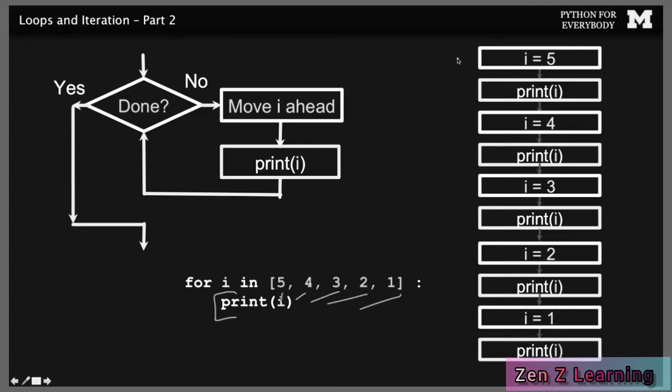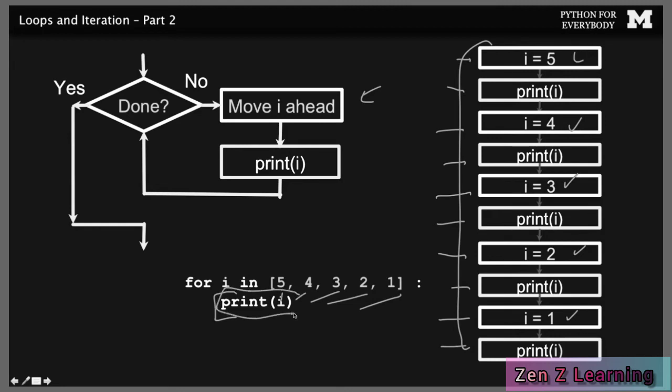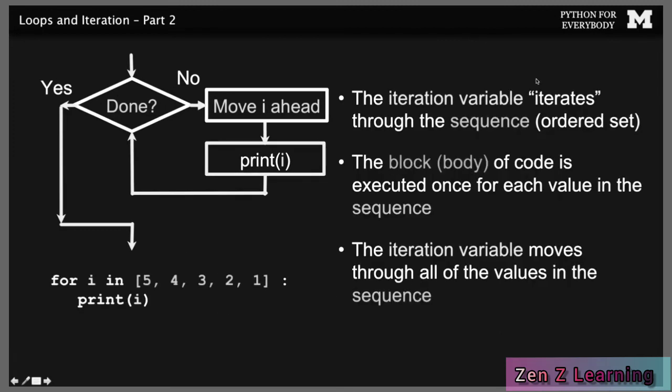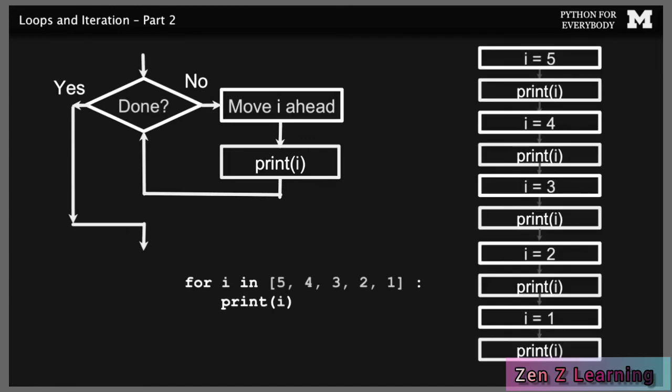So you hardly know the difference between it saying I equals 5, print I, equals 4, print I, equals 3, print I, equals 2, print I, equals 1, print I. So in a sense, this is what happens, meaning that the for loop is telling us how long we're going to run, and it's managing the successive values of I to make sure that our happy little line of code gets executed 5 times with the right value of I. That is the job of the for statement. The for statement takes care of all this for us. So that's one way to think about the for statement. Even though the other is a more common way to think about it, this is sort of equivalent. And think of those two things as equivalent.